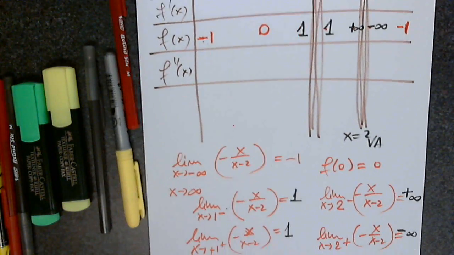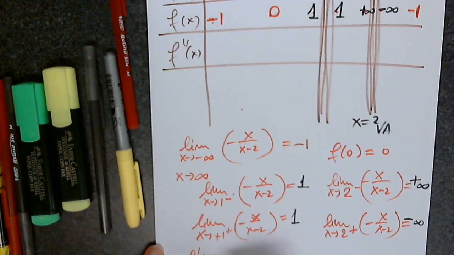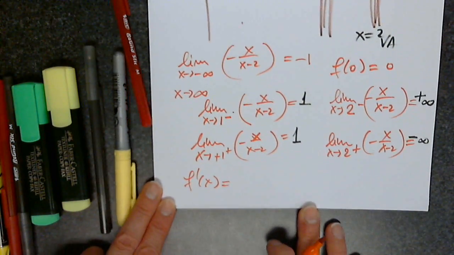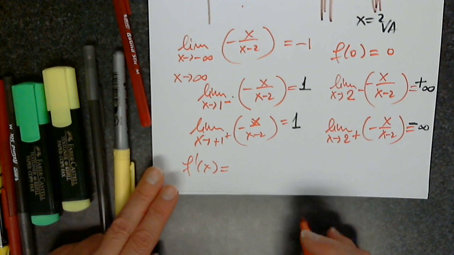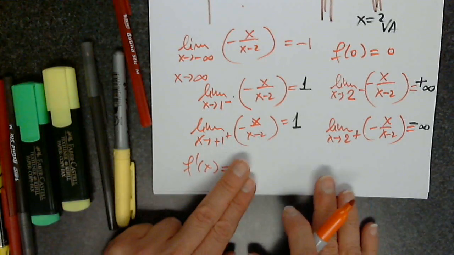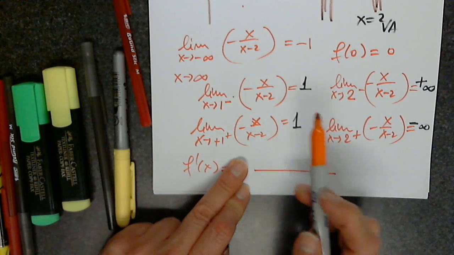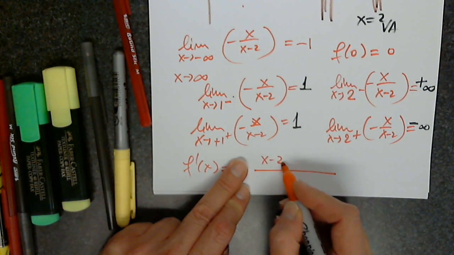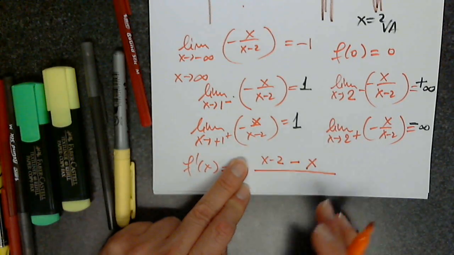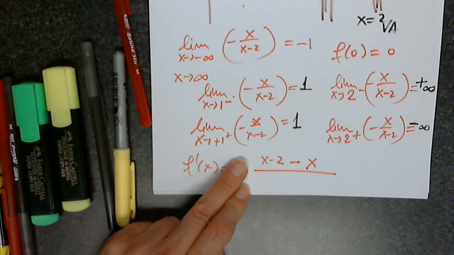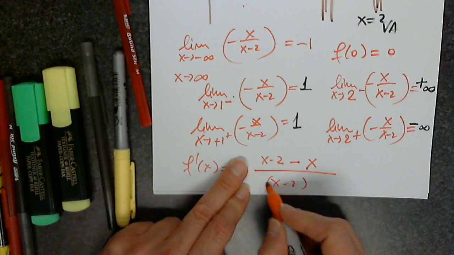Yes. Okay, so then I have to find f prime. I differentiate the top, leave the negative in front, forget about it for a moment. The top prime is 1, times x minus 2, minus the top times the bottom prime, which is 1, over x minus 2 squared.